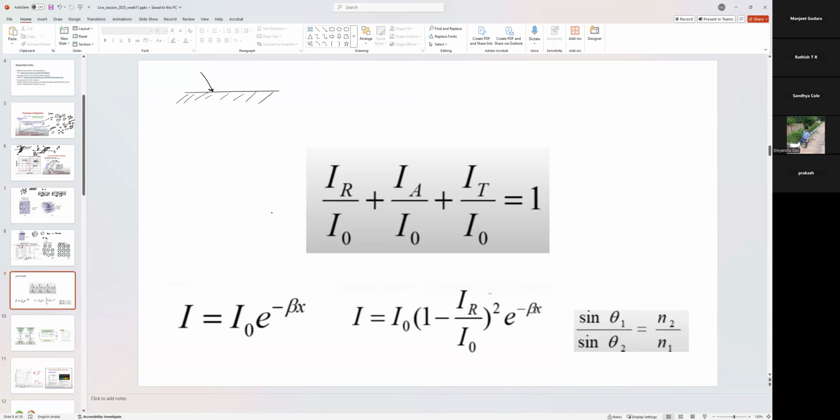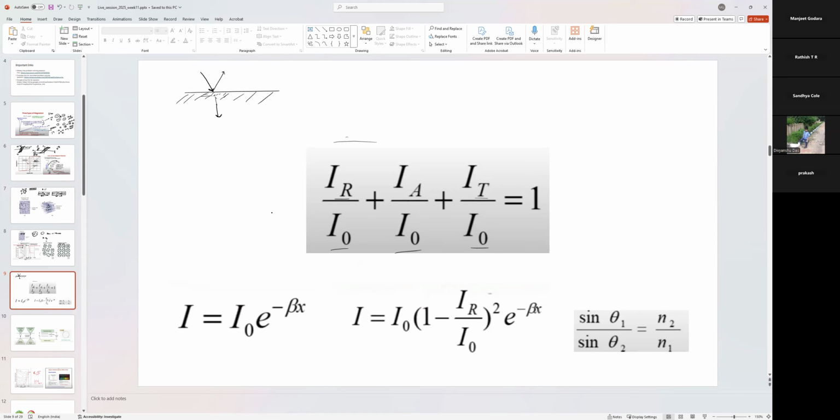When the light reaches here, some part of it will get reflected, some part will get absorbed in the glass, and some part will get transmitted. So some fraction is reflected, some fraction is absorbed, and some fraction is transmitted.